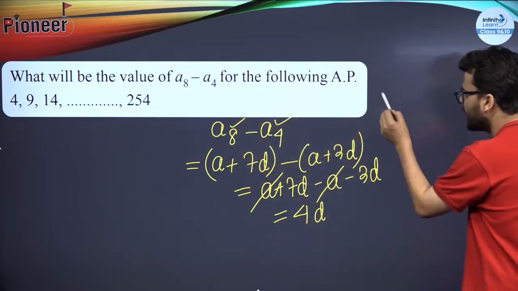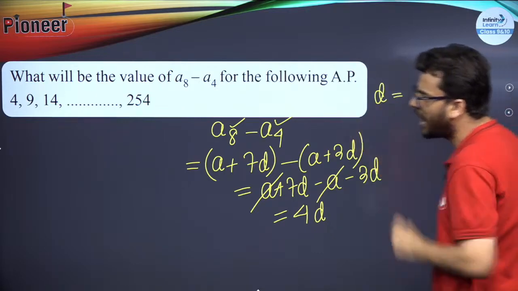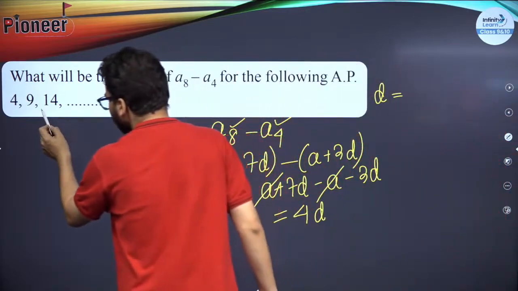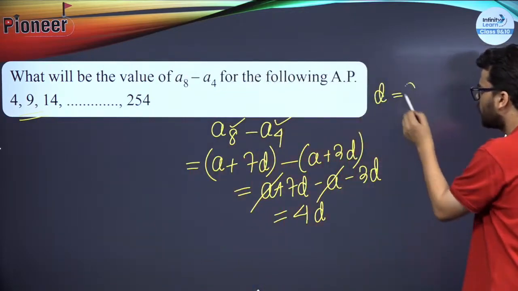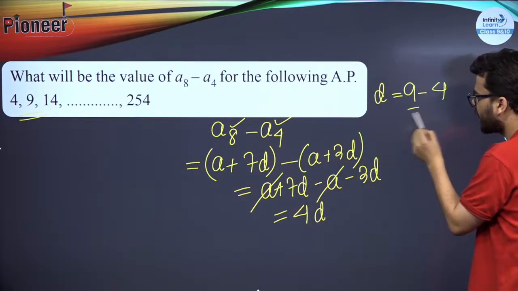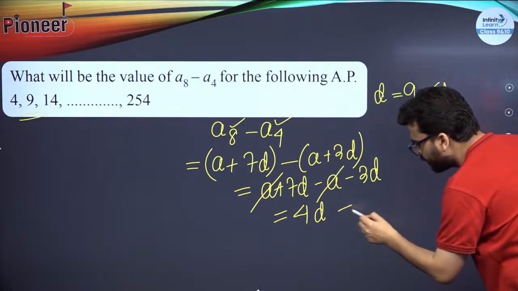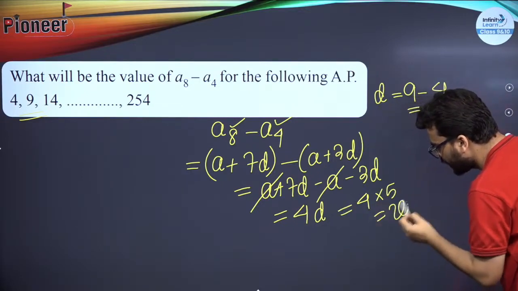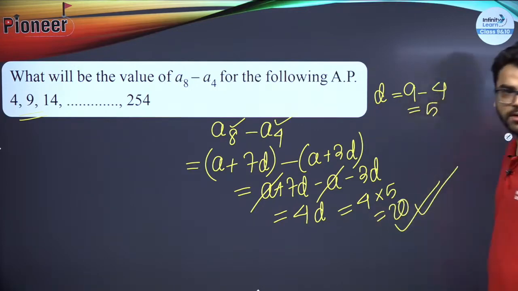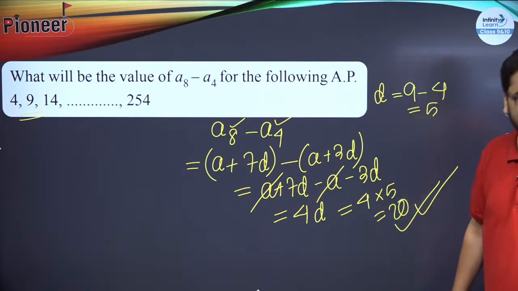D is the difference between a term and its previous term. So can I say it is 9 minus 4? D is nothing but 9 minus 4 over here, and 9 minus 4 is 5. So the answer will be 4 into 5, that is 20. Is this clear to everybody in this session? 20 is the answer. Correct, Kunal.